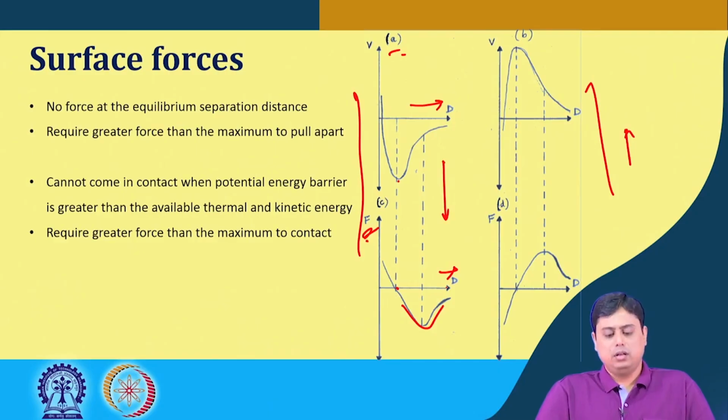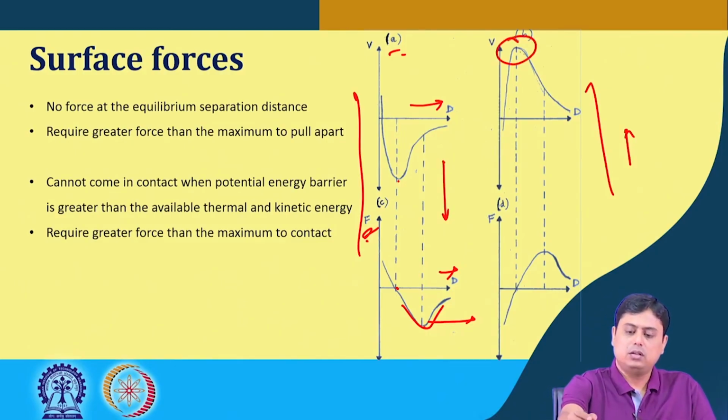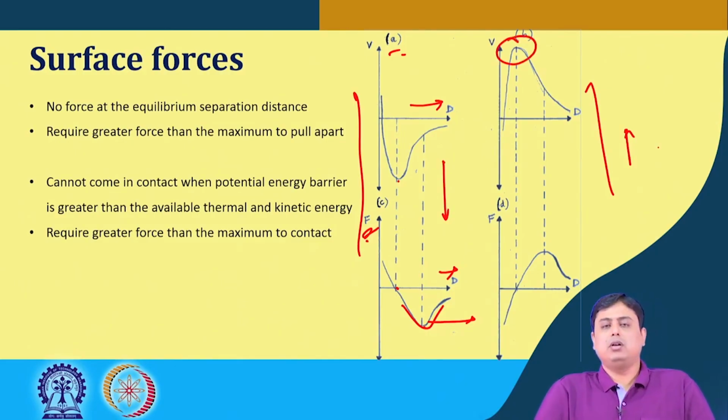We require a force higher than this to separate them to a greater distance. Now, in case when there is repulsion, the interaction is repulsive, they cannot come in contact because of this potential energy barrier, which is greater than the available thermal or the kinetic energy of the surrounding.